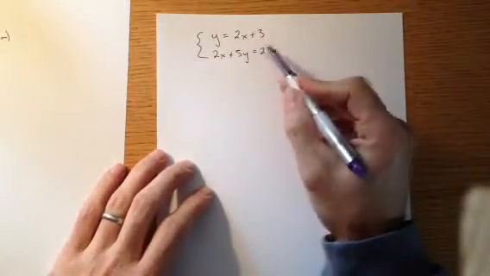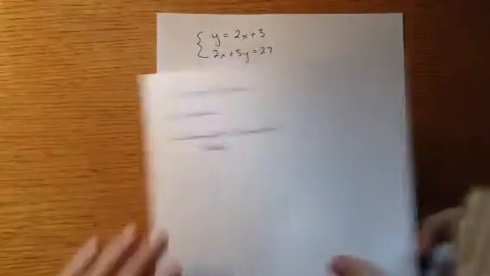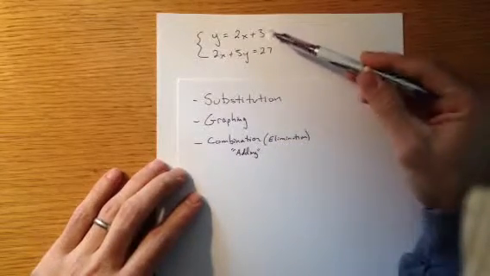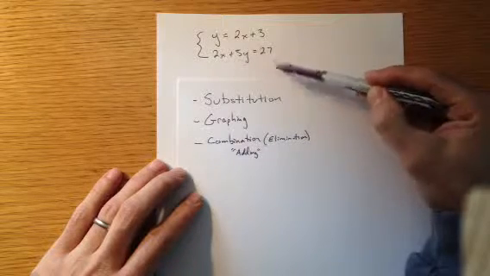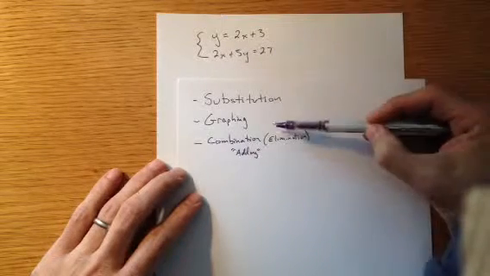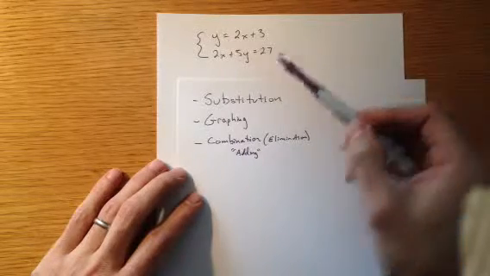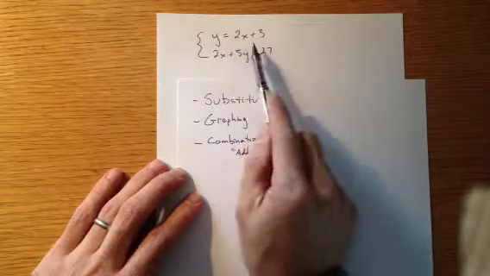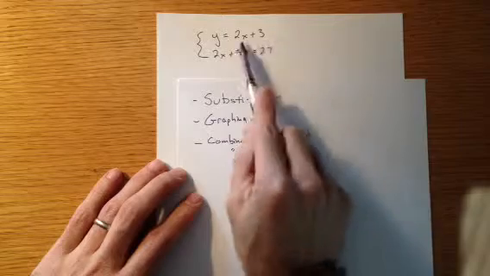So when I'm looking at this, I'm thinking, well, I have these three methods: substitution, graphing, or combination. The first one would be really easy to graph. The second one, not as easy. Substitution really stands out to me for this one. The reason substitution stands out is because this first equation literally says y equals 2x plus 3.